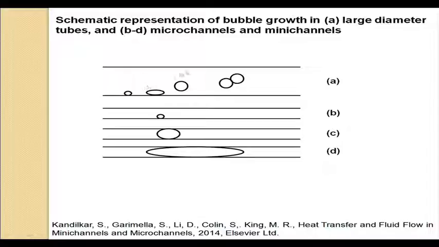Initially they remain as dispersed bubbles. As more and more bubbles are formed, they gradually coalesce to form the slug flow, and then finally all these slugs or plugs coalesce to form the annular flow. This I had already discussed when I was discussing the flow patterns in macro systems in heated tubes.